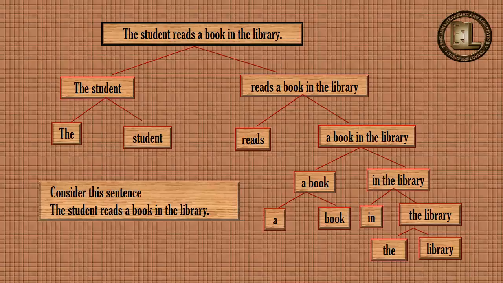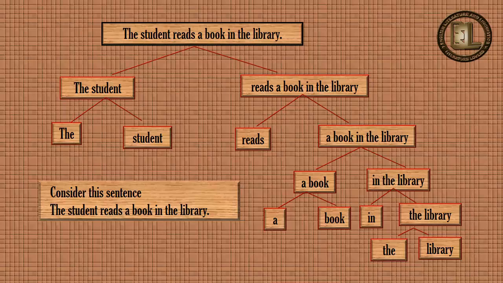Whereas reads a book in the library is divided into reads, which is a verb, and a book in the library, which is a phrase. And the same phrase is divided into two other phrases, a book, a noun phrase, and in the library, a prepositional phrase.